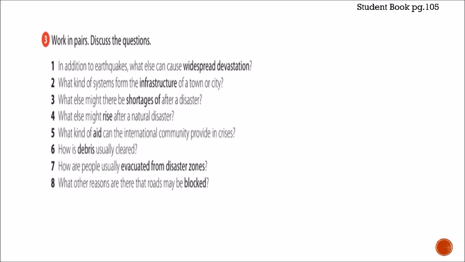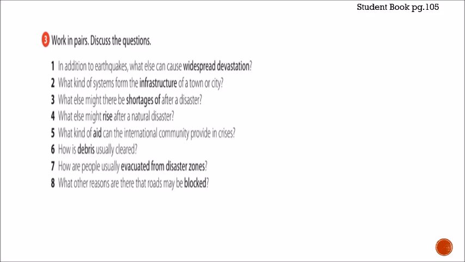Number 3, what else might there be shortages of after a disaster? So of course, I would say drinking water. We all need water to live. Maybe food for kids, diapers, milk. There can be a lot of things that we don't consider necessary or important, but when we don't have them, we see how important they are to us, right?